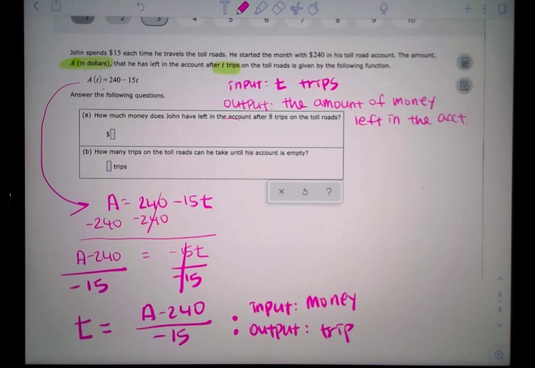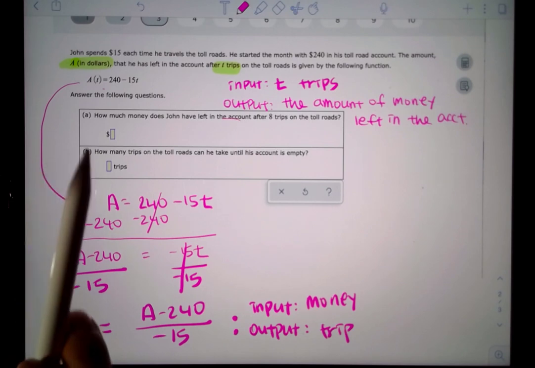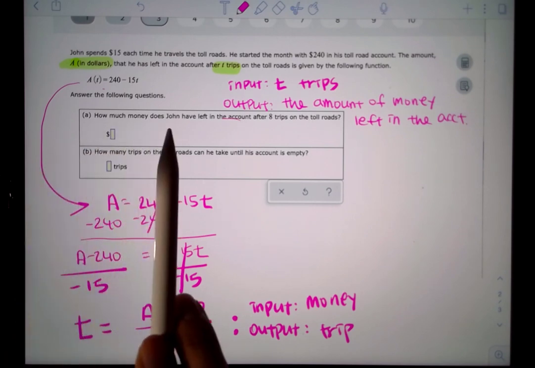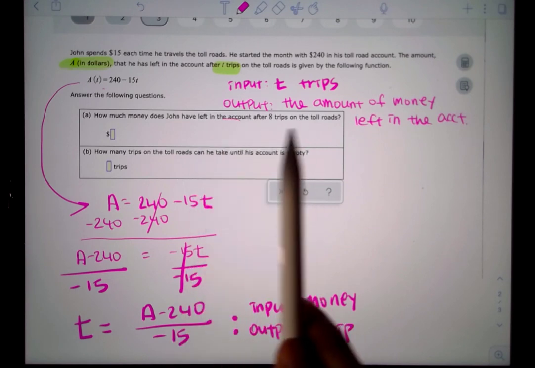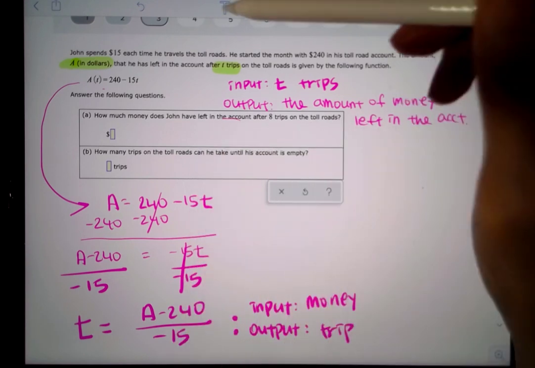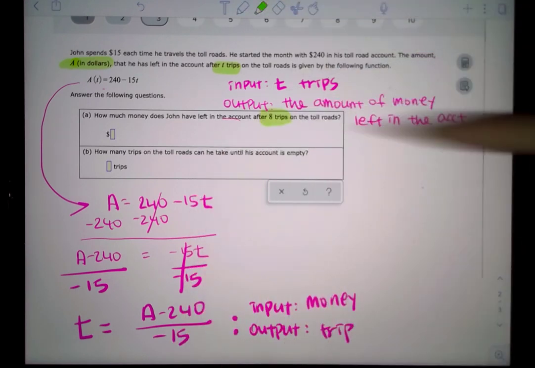Okay, so like look at this. A, how much money does John have left in the account after 8 trips? 8 trips. So where do you put this 8? Number of trips or the money? That's number of trips, right?